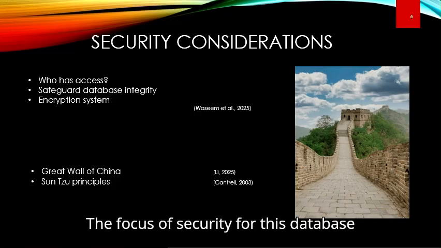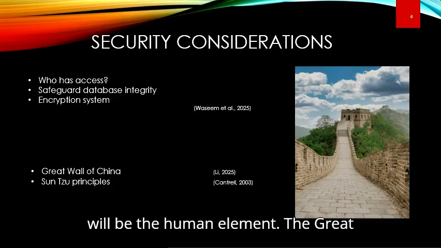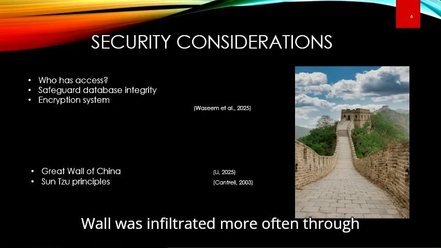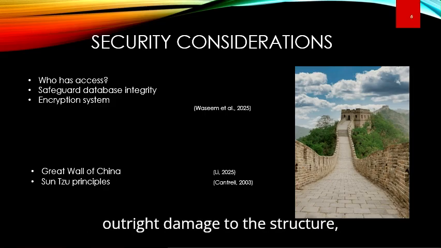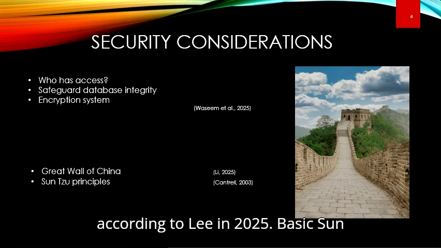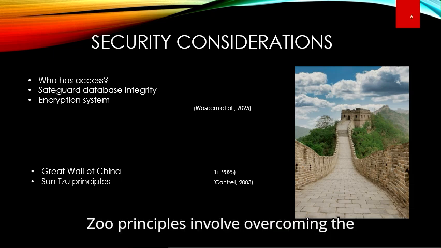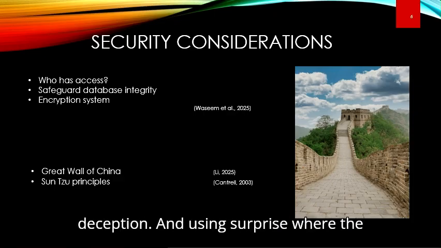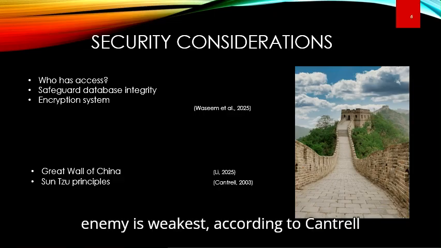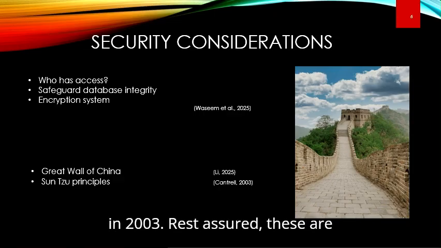The focus of security for this database will be the human element. The Great Wall was infiltrated more often through deception and bribery than through outright damage to the structure, according to Lee in 2025. Basic Sun Tzu principles involve overcoming the enemy without fighting, the use of deception, and using surprise where the enemy is weakest, according to Cantrell in 2003.